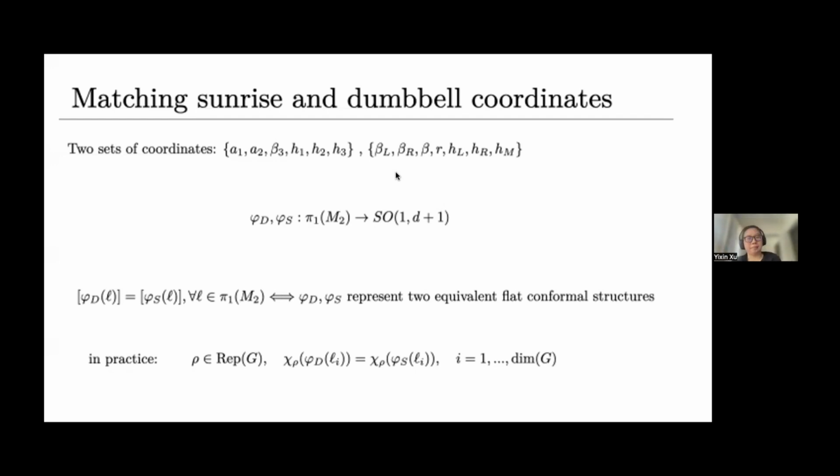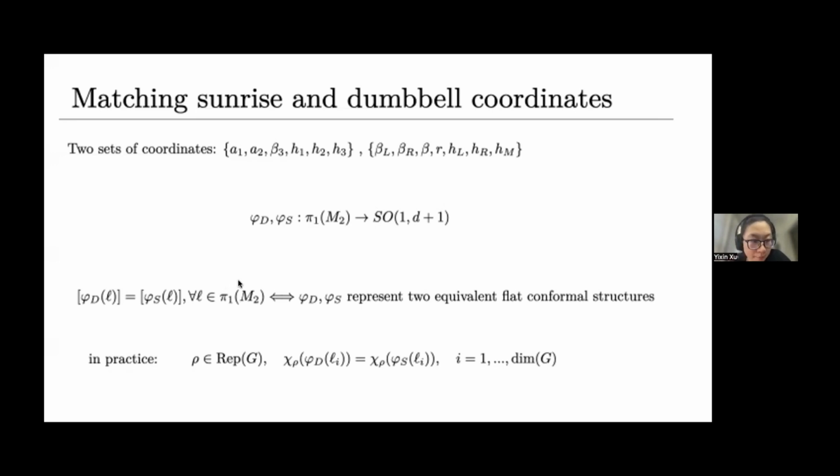Here is the idea. Abstractly, the sunrise channel and the dumbbell channel each give us a homomorphism from the fundamental group of the genus-2 manifold to the conformal group, by assigning conformal transformations to different cutting spheres and then concatenating them.